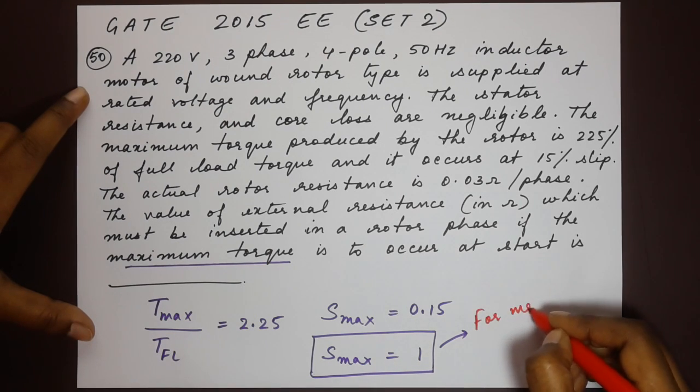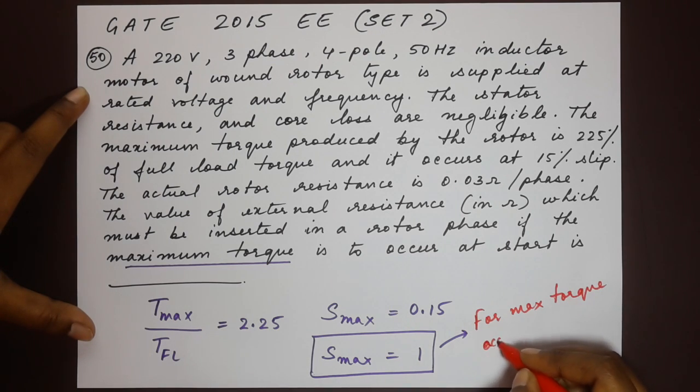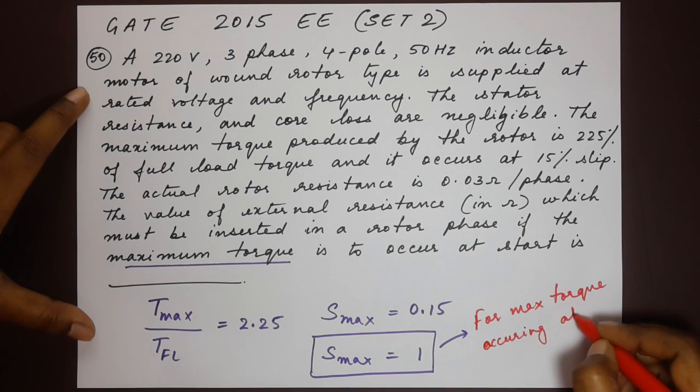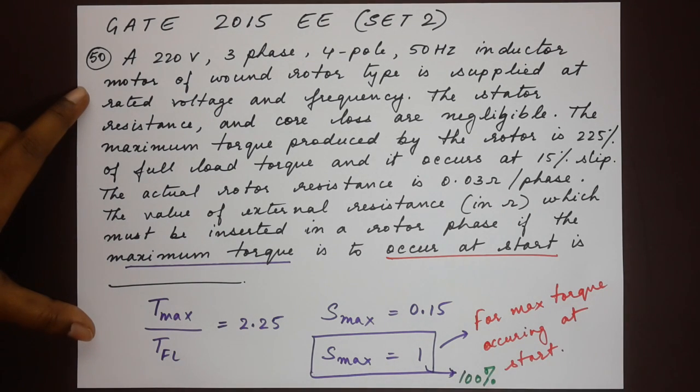This is for maximum torque occurring at start. Now we are going to base our entire problem on this point. If the slip is 1, that means that it is at what percentage? It is at 100% slip. At 15% it is 0.15. So at 1 it means that it is 100%. So we're going to start with that.